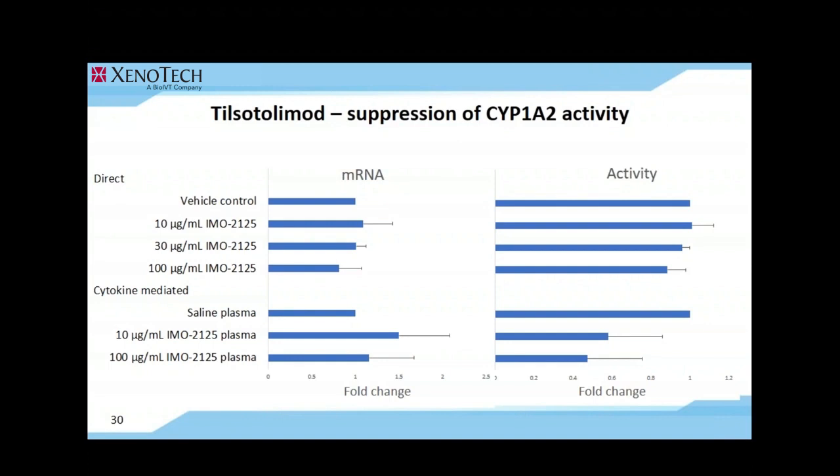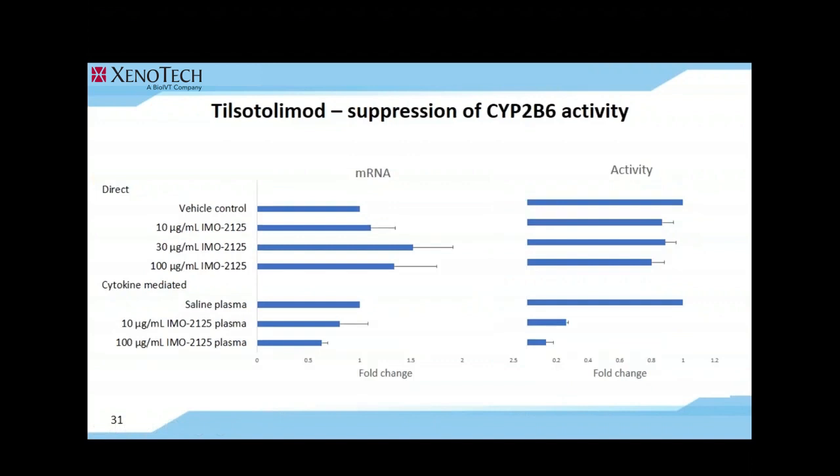We observed that tilsotolimod did not have direct or cytokine-mediated effects on CYP1A2 mRNA and did not have direct effects on enzyme activity. But the drug, indirectly through the cytokines released to the blood, suppressed CYP1A2 activity by more than 50%.